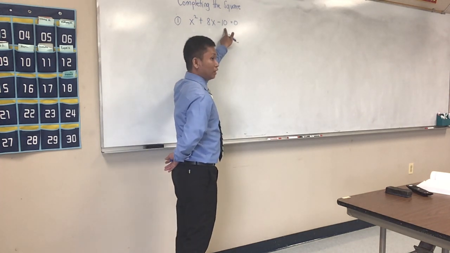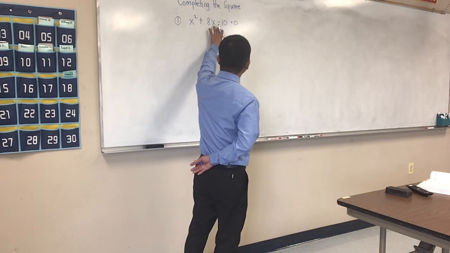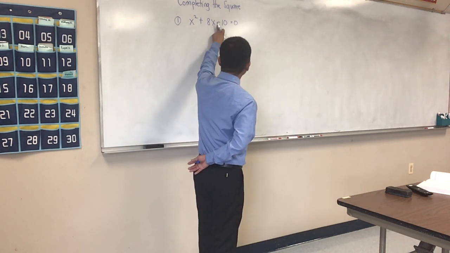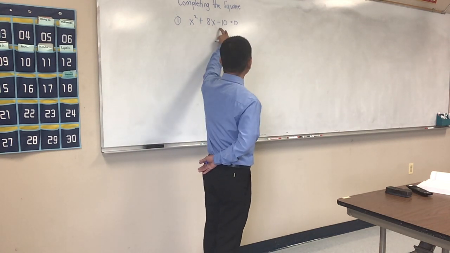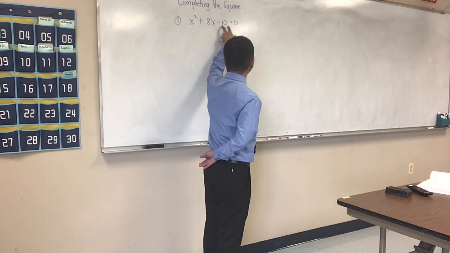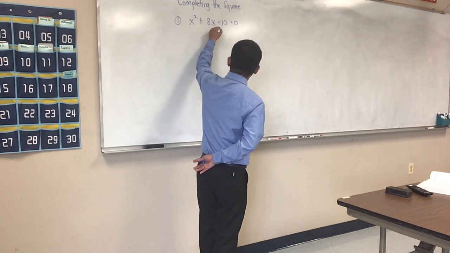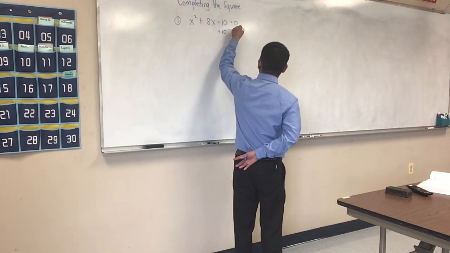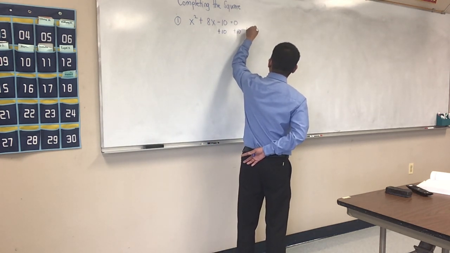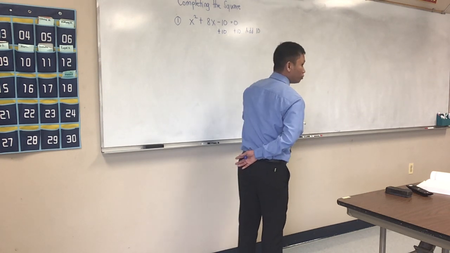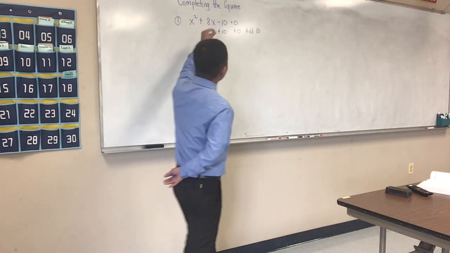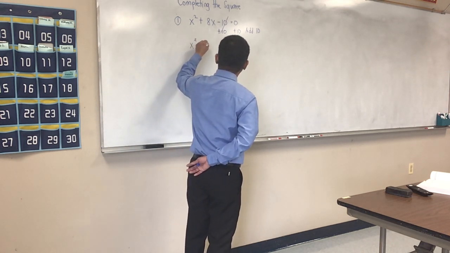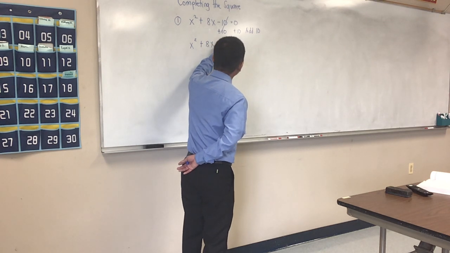We have negative 10, so this negative 10 should be transferred to the other side. We are going to add 10 on both sides, so this would be cancelled already. We have x squared plus 8x equals 10.